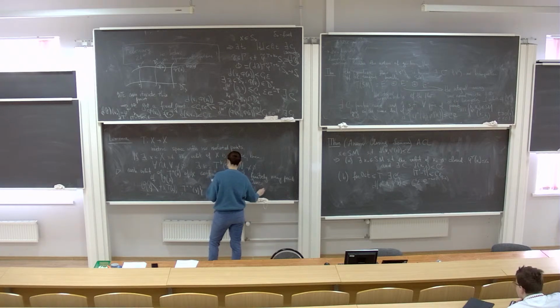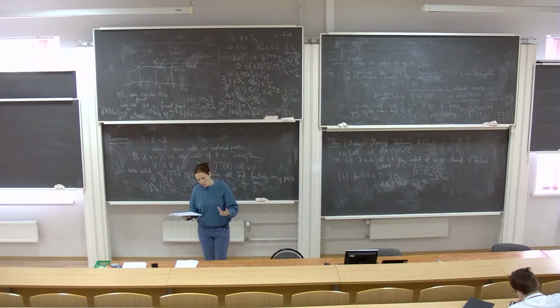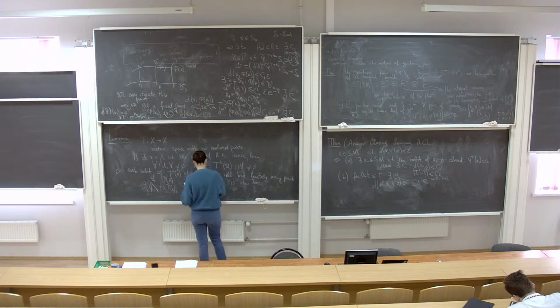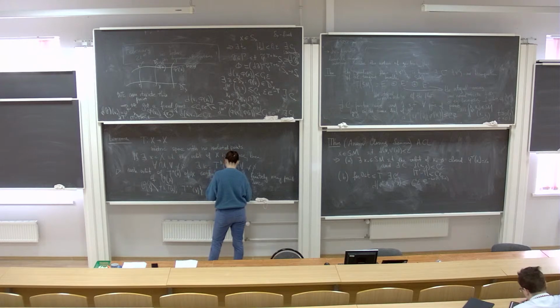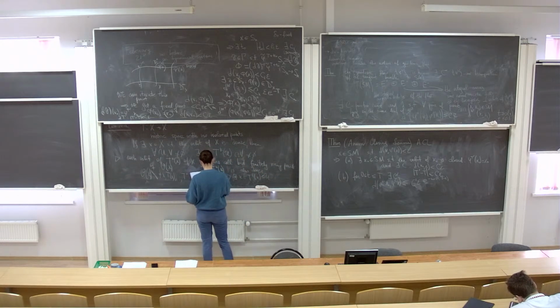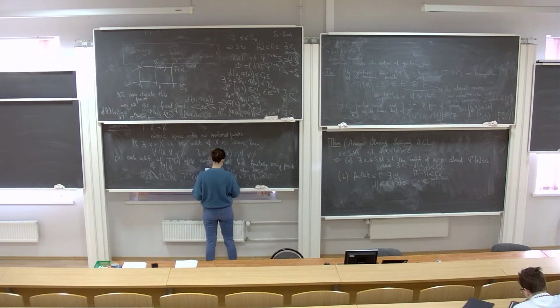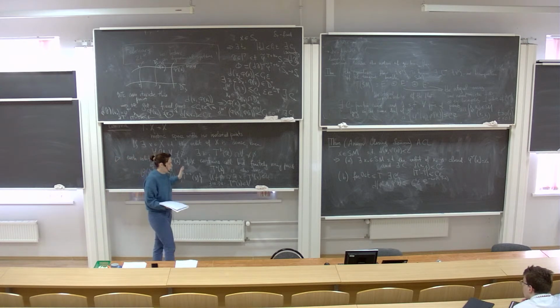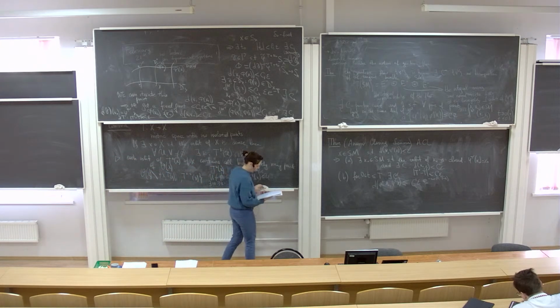But what does it mean to be dense? It means that you enter any open subset that you can imagine. So if your U is non-empty, then there exists k such that T^k(x) is in U, and also there exists m which is not smaller than k, such that T^m(x) is in V, because both of them are open. Since we have everywhere dense orbits, we should enter both of them.